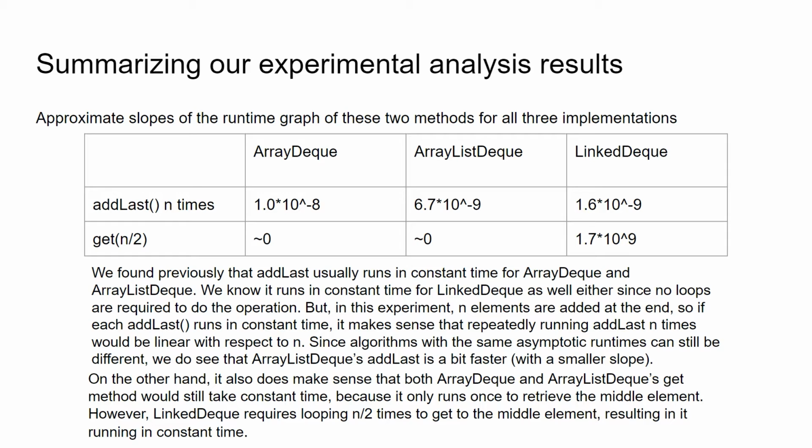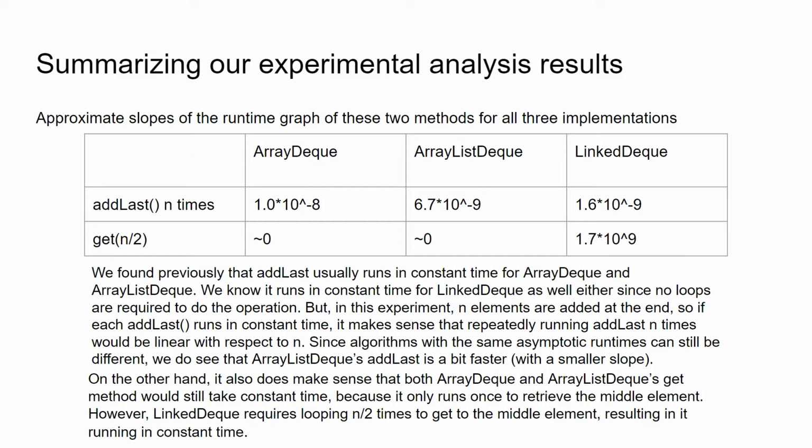I know we found before that add last runs in constant time, but when you are calling it n times, and each call takes a constant amount of time, it would make sense that running add last n times would be linear with respect to n. And that is for ArrayDeque and ArrayListDeque.